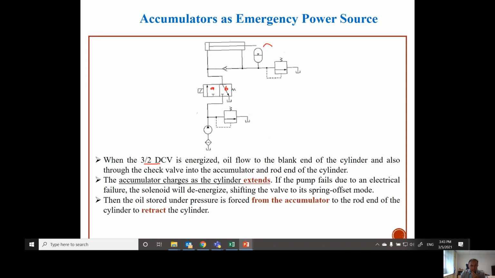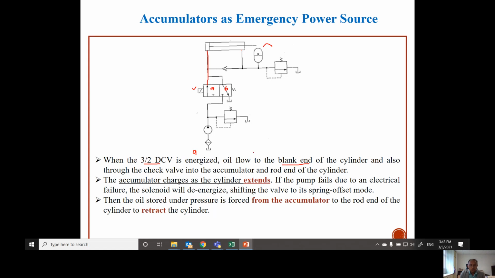So when the 3-2 DCV is energized, position A will be active. When position A is active, you can see that the oil will be connected to this part, and we call this part the blank end, and this is the rod end.